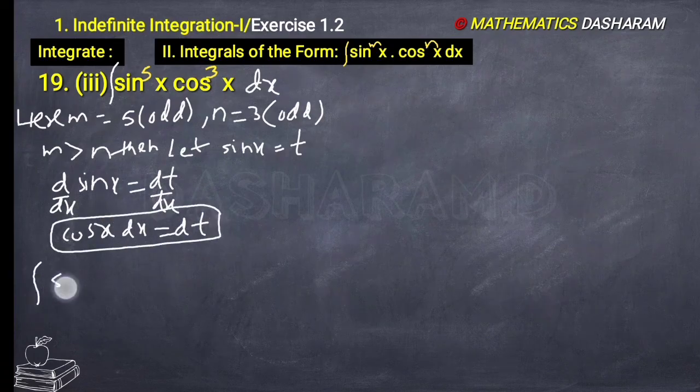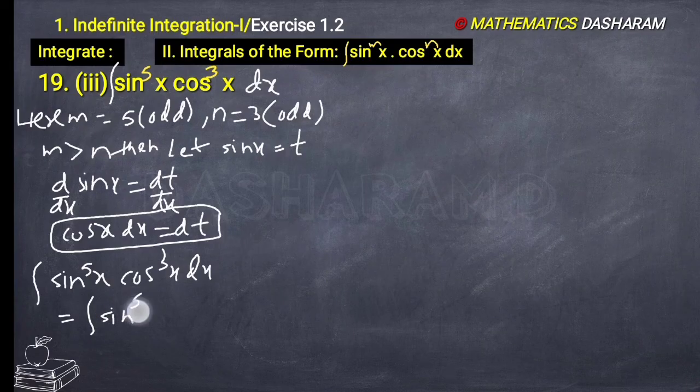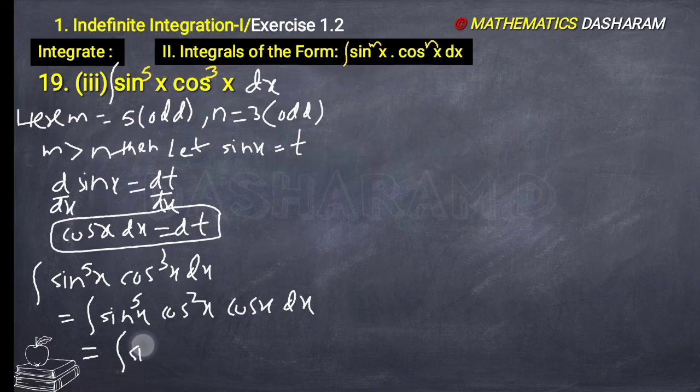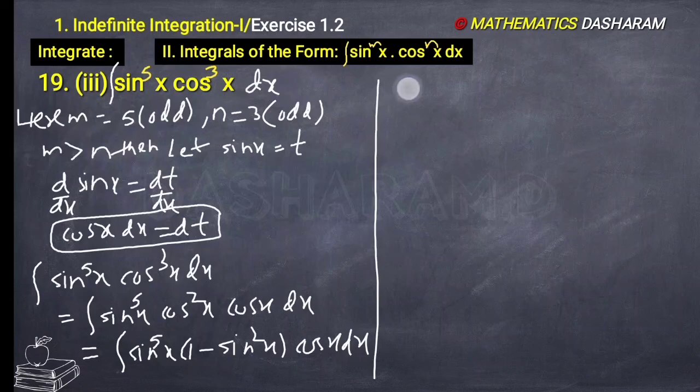So let's write the given question once. Integration of sin to the power of 5 x cos cube x dx equals integration of sin to the power of 5 x, and cos cube x can be written as cos square x into cos x dx. So sin to the power of 5 x, cos square x I am writing as 1 minus sin square x, cos x dx. Now substitute the values.